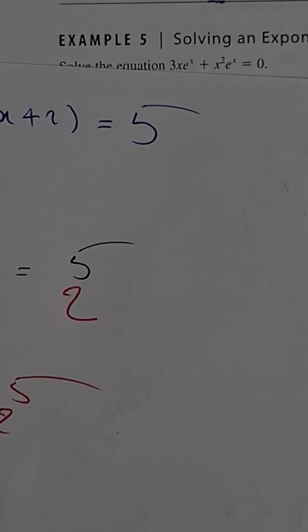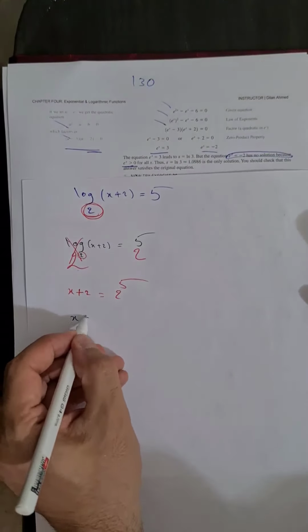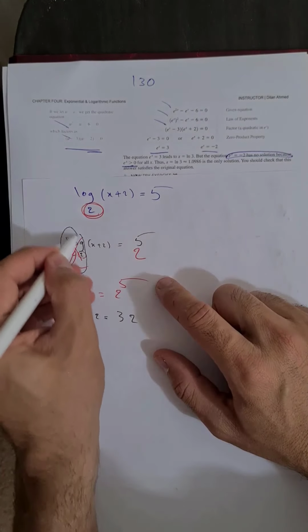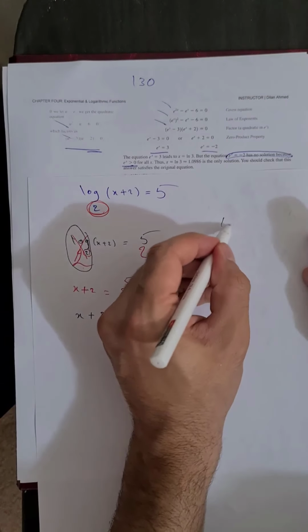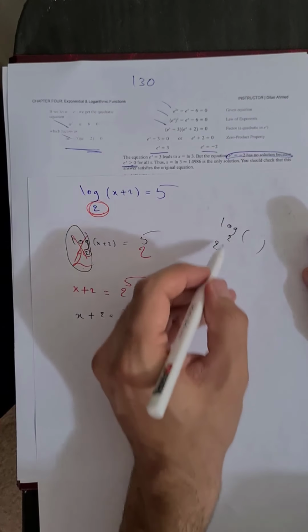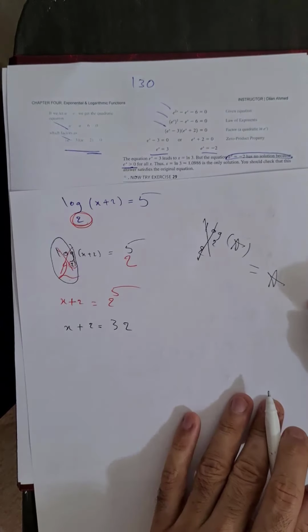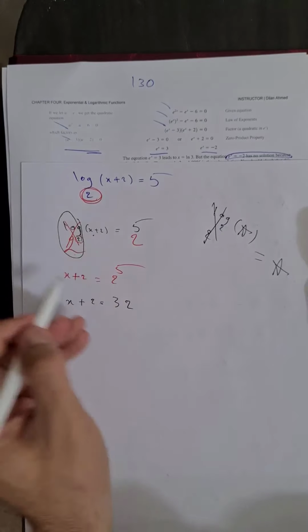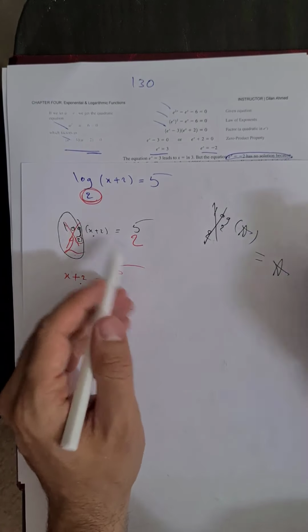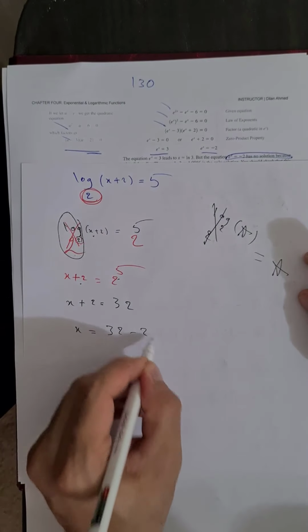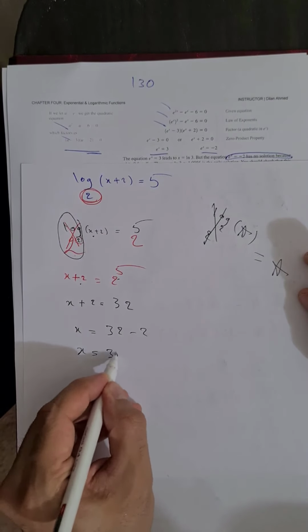So I will get x plus 2 is equal to 32. So they eliminate each other, log base 2 and 2 to the power of anything, and I will get just this part. So x plus 2 equals 2 to power 5, which is 32. So I will get x equals 30 after subtracting 2, and finally this is my solution. Maybe it's not easy for you.